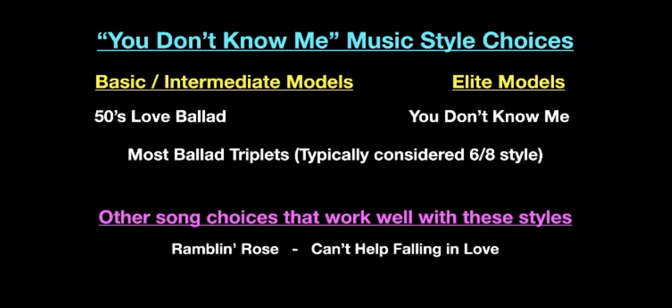So there, virtually every model, at least for the next 10 years, has a ballads, triplets type style or 50s love ballad. But there are other styles out there that also work nicely with it.